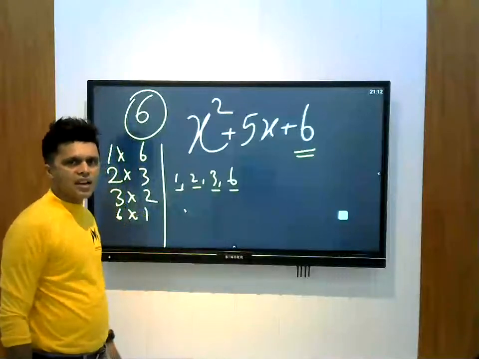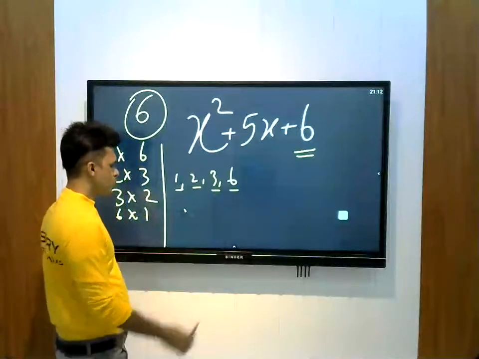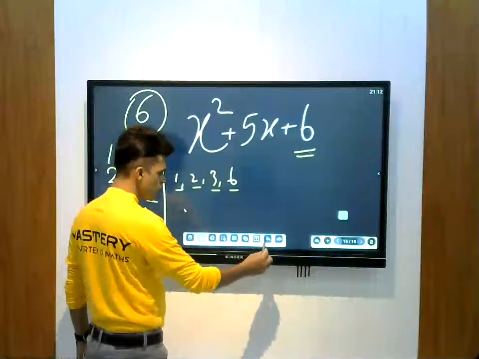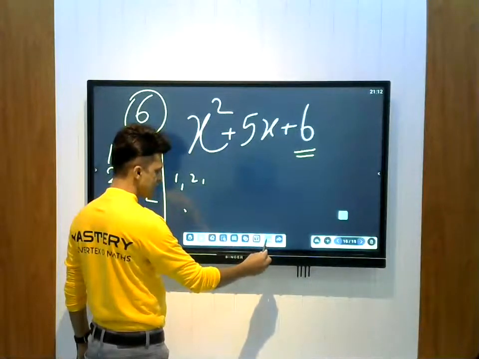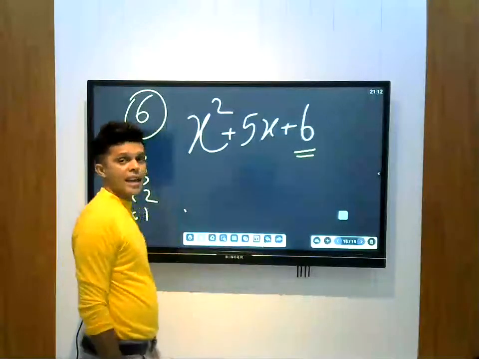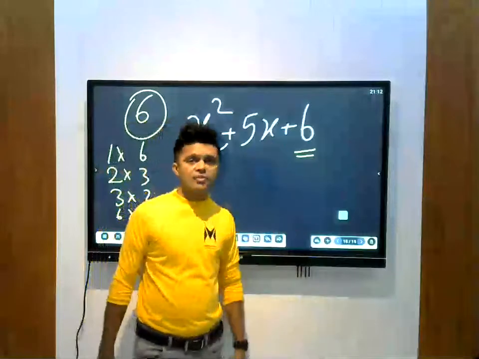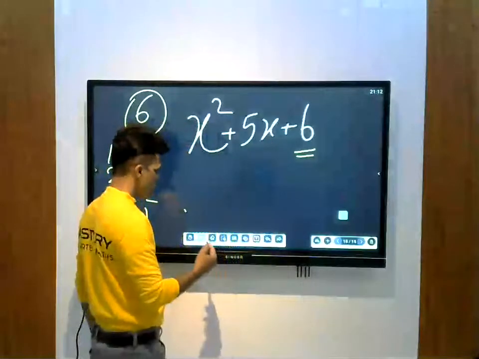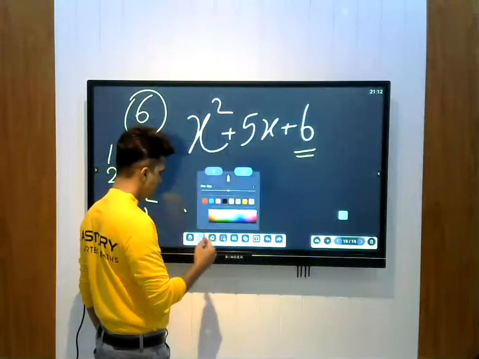These are the factors of 6. So you need to get the factors of 6 so that you can get 5 here.